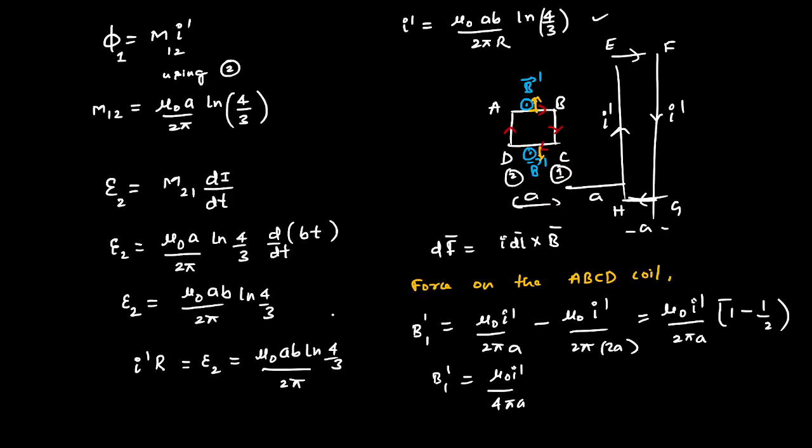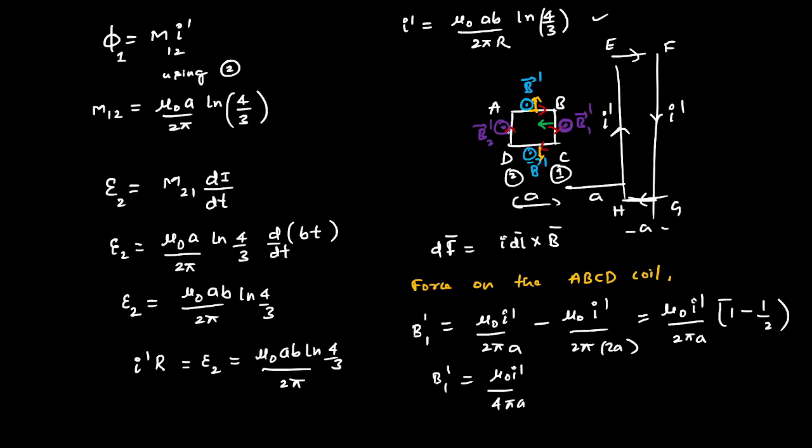Now, B1 dash is the magnetic field at the first side, so I'll highlight that here. B1 dash is directed outwards like this. Here B2 dash is also outwards. The current flowing through BC will experience a force I l cross B, towards this side; I have shown this direction with the green vector.